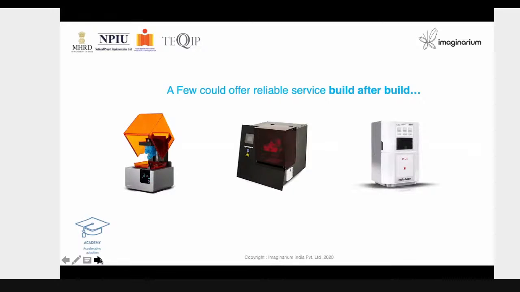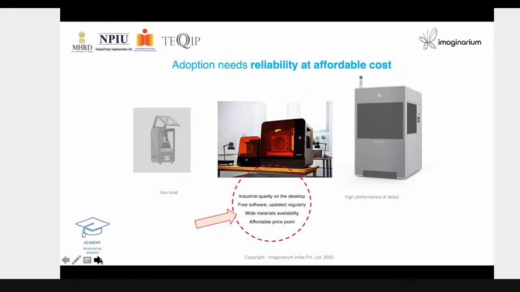A few makers of these open source machines developed them further and made very sound technologies which are dependable and reliable. On one side you have a low cost machine, on the other hand you have a production machine which is highly reliable. So for adoption, we require something in between.